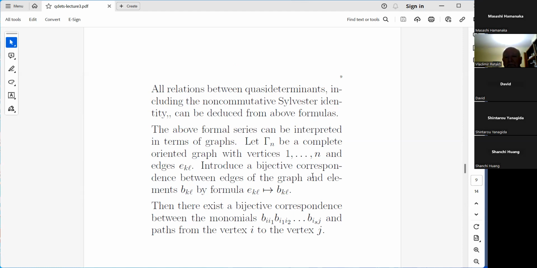Now, there is a bijective correspondence between the edges of the graph and the elements B_KL. So this is just a correspondence.